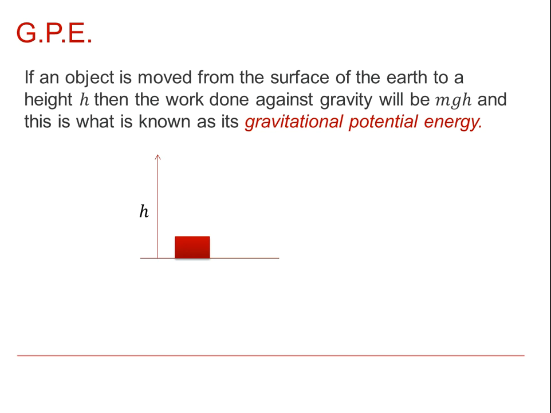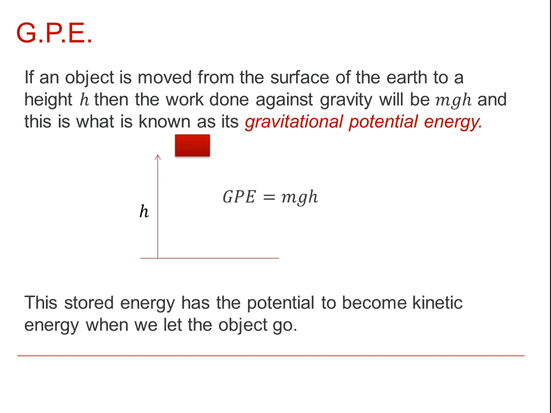So if we move something through a height h, then the gravitational potential energy gain is mgh. This is then stored, and if we release the object, that energy can become kinetic energy as the object falls to the ground.